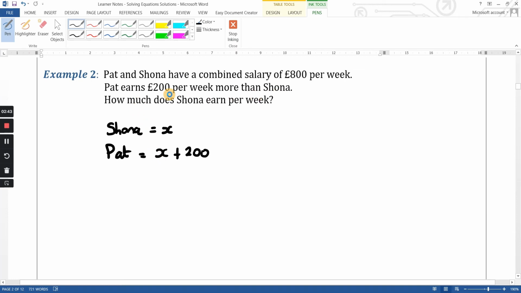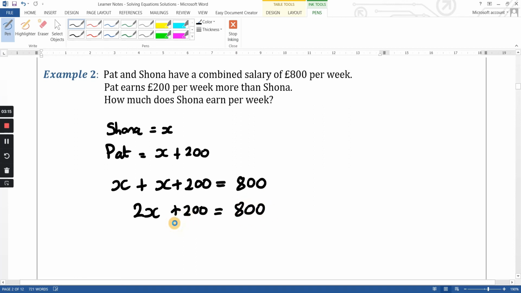We're told that the combined salary, so both their salaries together, add up to £800. So that must be Shona's salary plus Pat's salary, which is all of that, must equal £800. That's what we're told. Let's simplify this. So I've got 1x plus another x, that gives me 2x. Still got that.